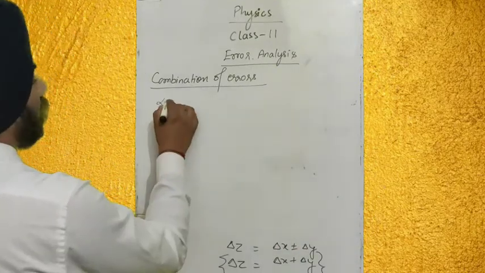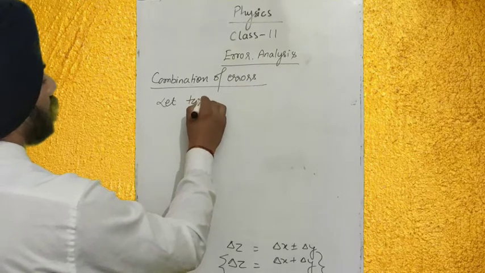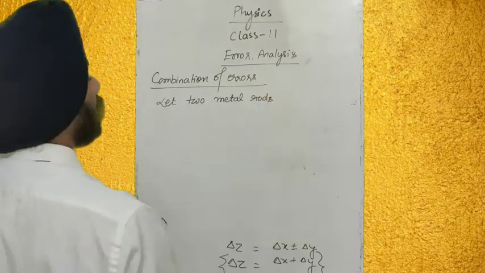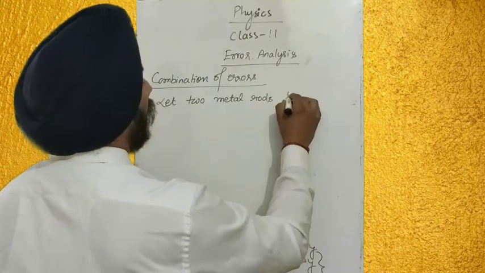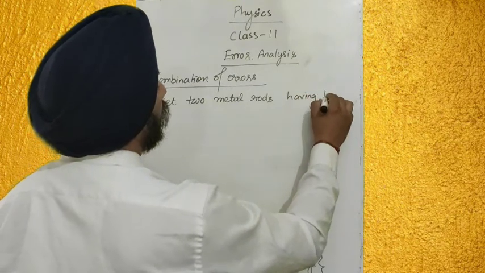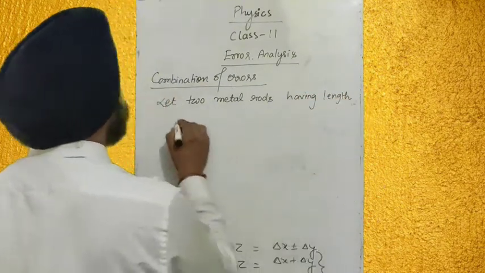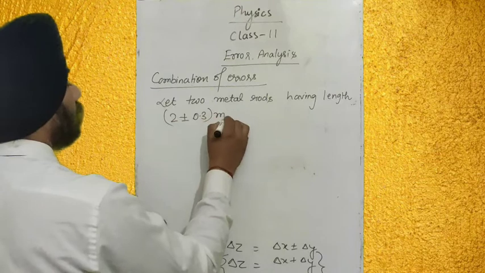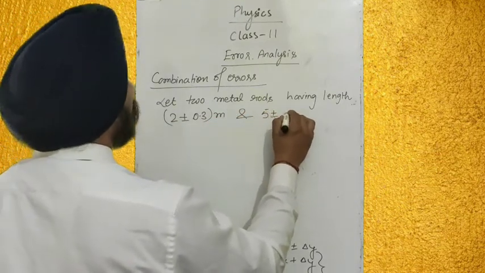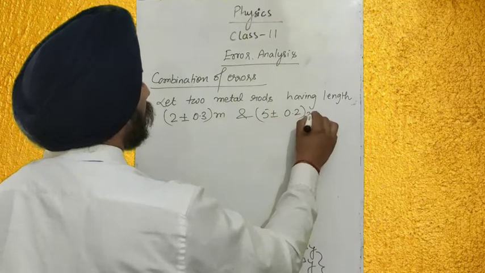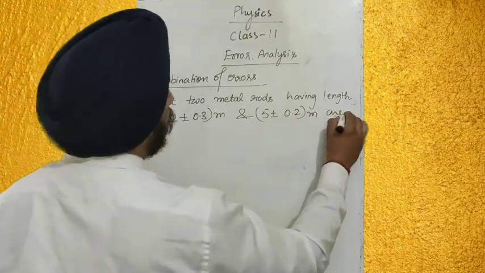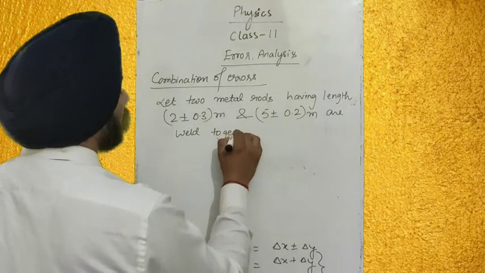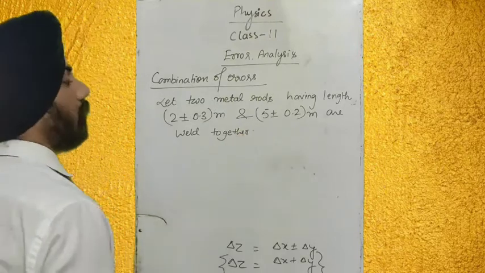Let two metal rods having lengths 2 plus minus 0.3 meter and 5 plus minus 0.2 meter be welded together.